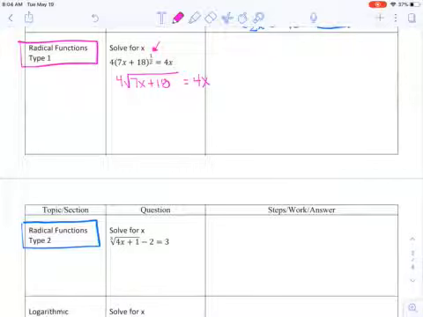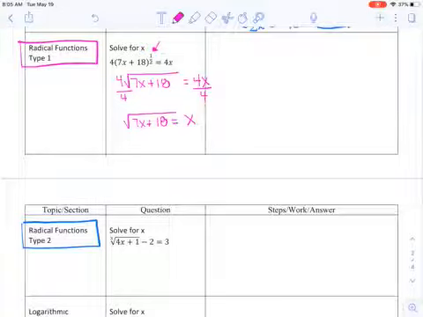And so 4 times that, I undo that by dividing. And so I'm going to get the square root of 7x plus 18. Oops, not equals 4. Sorry, the 4's canceled. And I get x.